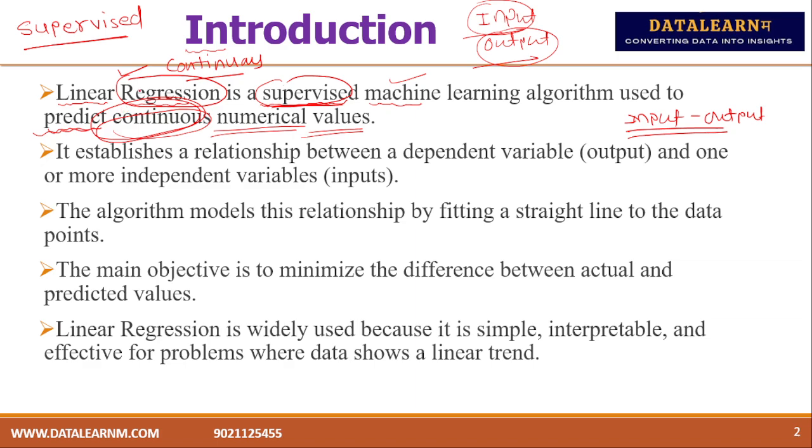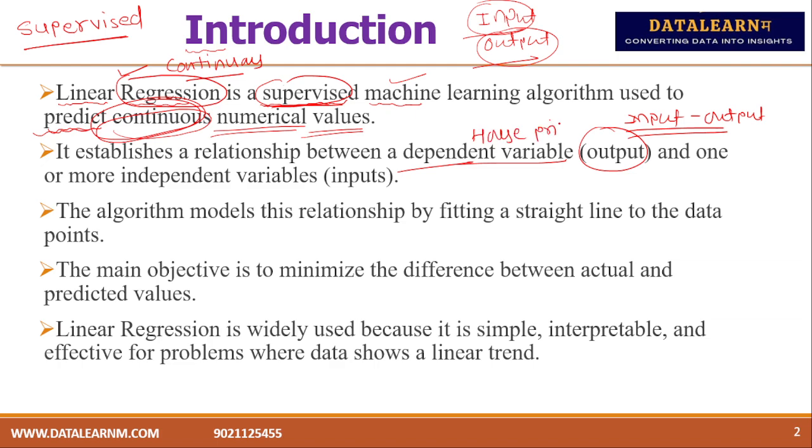So it establishes the relationship between the dependent variable, that is the output, and one or more independent variables. Input variables may be any number. It may be one input variable, there may be two, three, four input variables, like that. So for example, suppose I am predicting the house price.